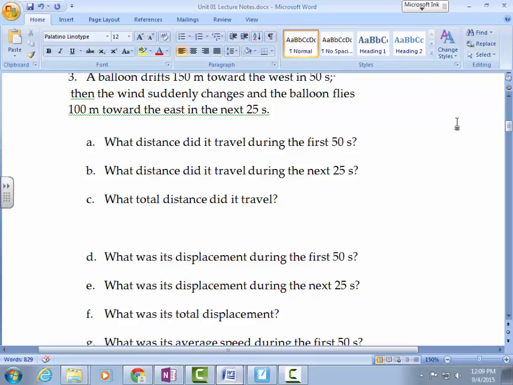What's its displacement? So this is D, E, and F. Its displacement in the first 50 seconds is negative 150. Its displacement in the next 25 seconds is, what is it? Positive 100.